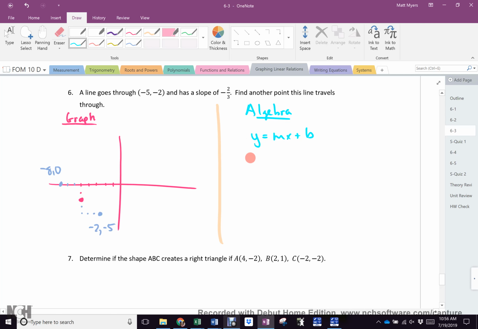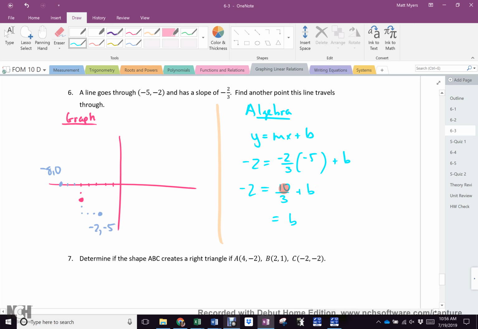You have a y value right there, negative 2, equals m is slope. You have a slope, negative 2/3, x is negative 5, plus b. So then negative 2 equals 10 over 3 plus b.